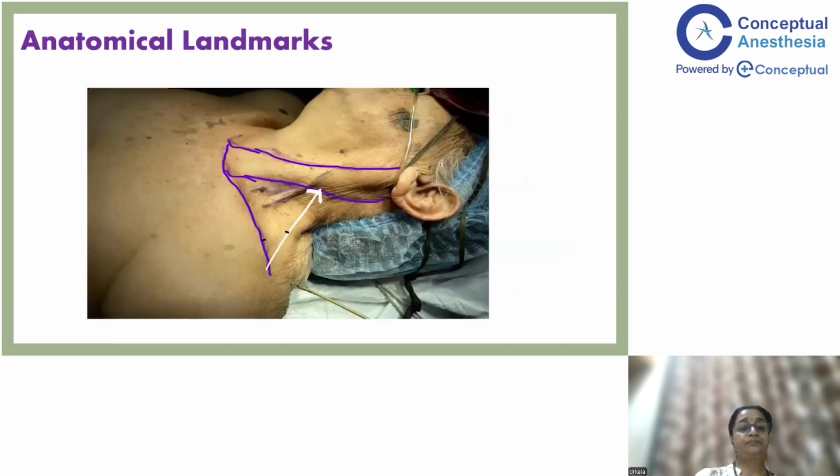So what is the anatomical landmark? As I said, the sternocleidomastoid, from the mastoid to the clavicular head, you follow that. It is the midpoint. You can see the external jugular vein just above that. You have to push the external jugular aside with your 1 to 2 ml of LA. Then you can give it in fan shape directions, remembering the branches you want to block and which type of surgery.